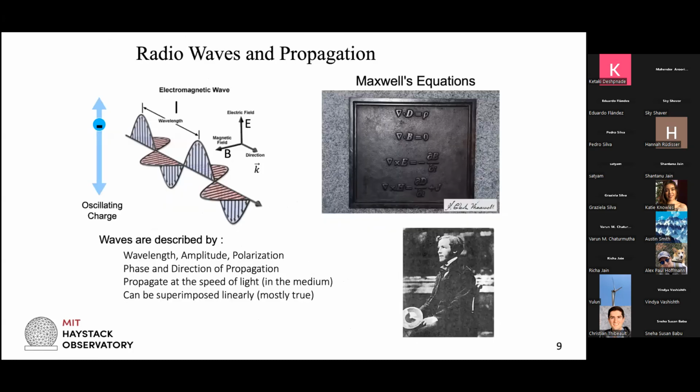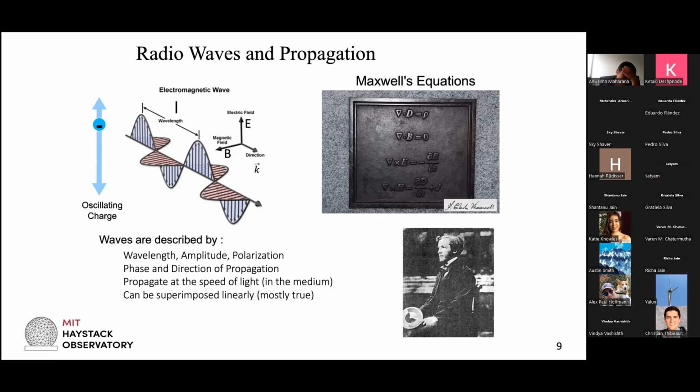And again, this shows you some of the radio wave propagation effects that we really care about. You have an electromagnetic wave propagating through the ionosphere. It's a plasma, and it's embedded in a magnetic field. And that is why it's important.